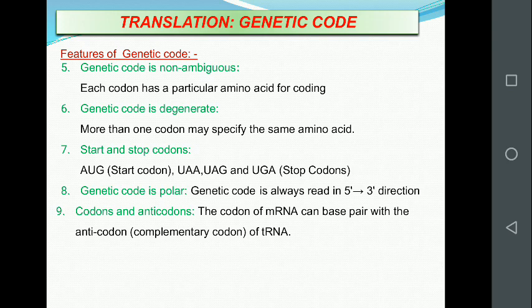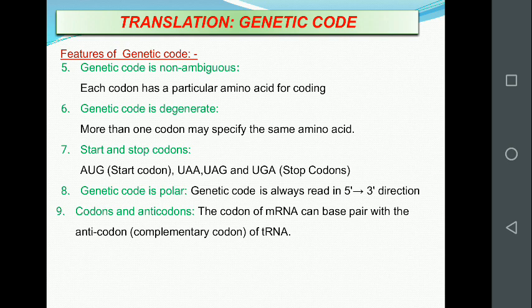The genetic code is degenerate, which means out of 64 codons, 61 codons are utilized to specify 20 different amino acids. The remaining 3 are stop codons or termination codons.